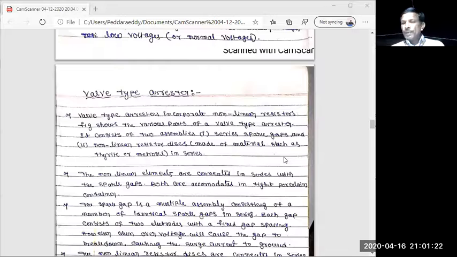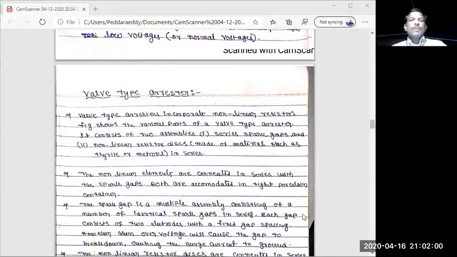Rod gap and horn gap are used in LT sections. Expulsion, valve type and metal oxide are used on the HT side, especially in major substations and power stations. The commonly used lightning arresters are the valve type and metal oxide lightning arresters. In this session, we will focus only on the important valve type and metal oxide lightning arresters.